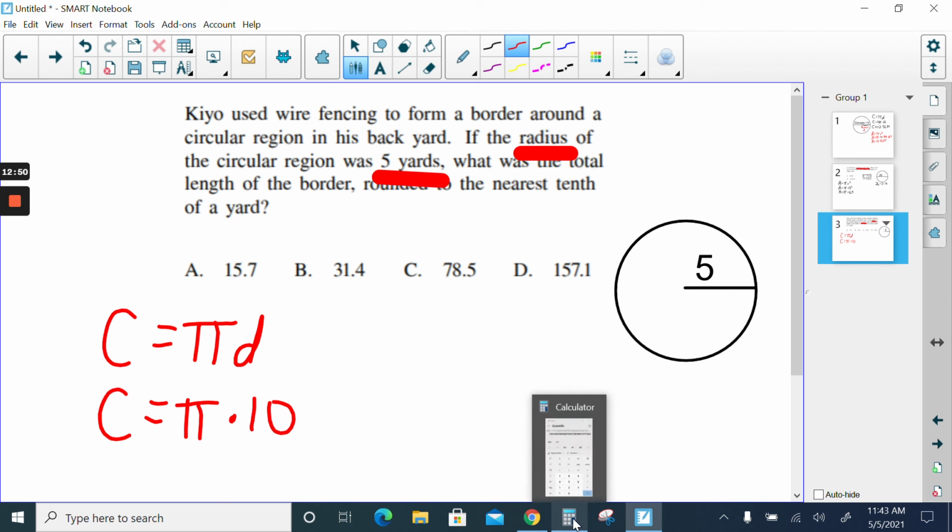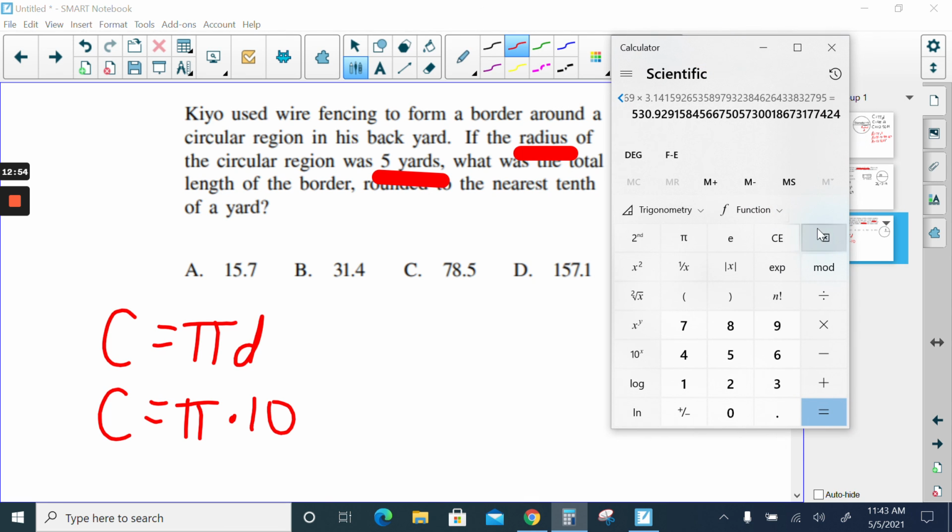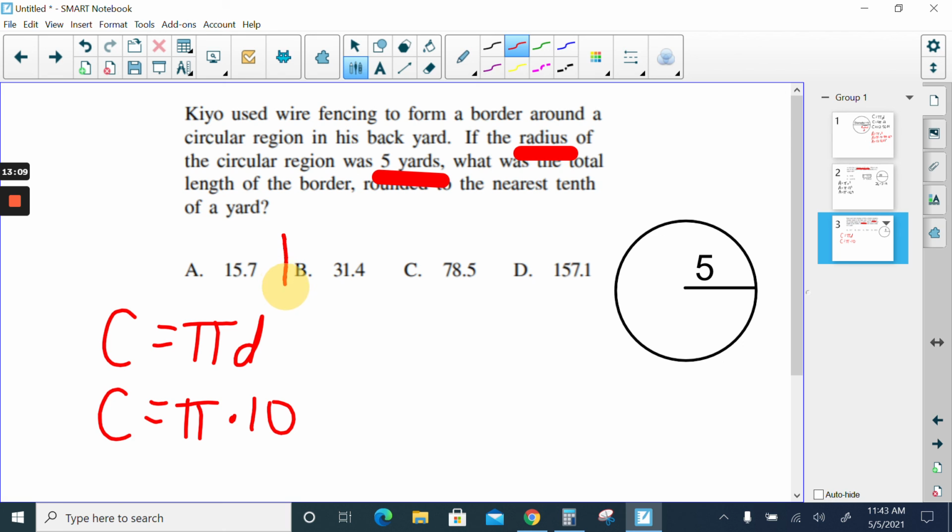Take my calculator. I'm sure it's pretty obvious which one is the answer, but we will use our calculator nonetheless. Pi times 10 equals 31.41592, etc., aka about 31.4.